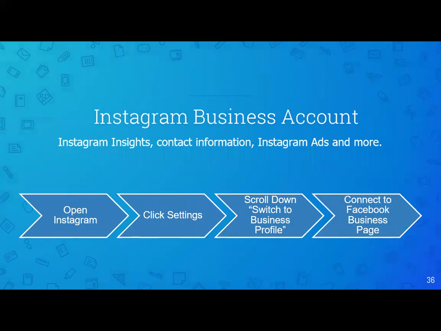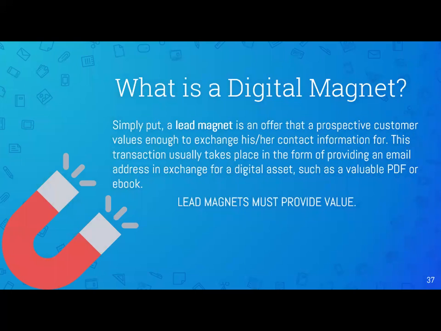So a digital magnet is something that you hold out that will attract someone in. It's an advertisement. But in return to get this thing that I'm offering to you for free, you have to give me something in return, AKA your contact information. So it's something of value that we are holding out to the public in exchange for contact information.